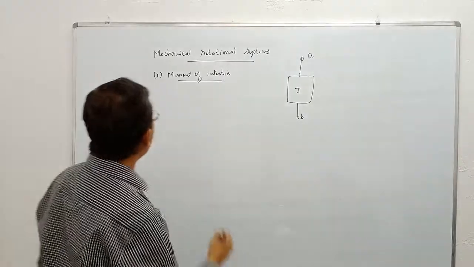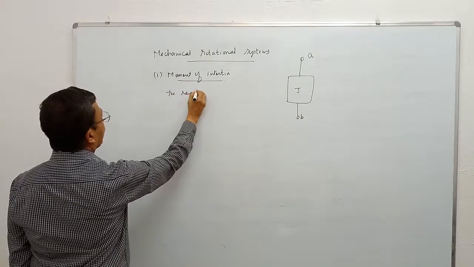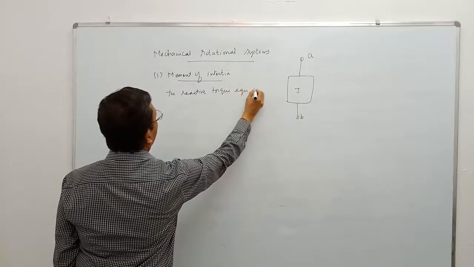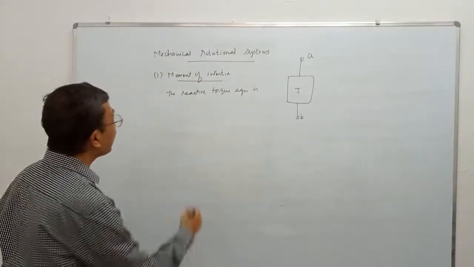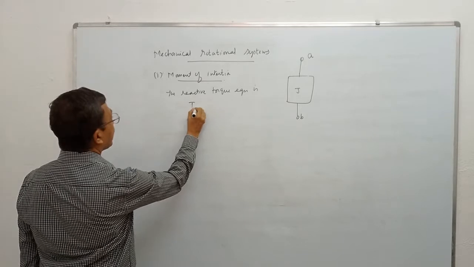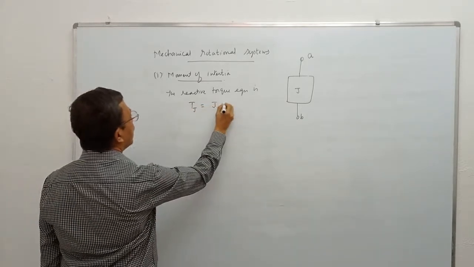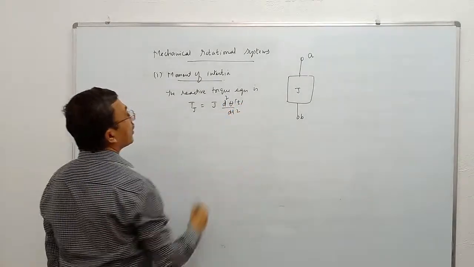Kg meter square. What is the reactive torque equation? The reactive torque equation is Tj is equal to J into d square theta of t by dt square.